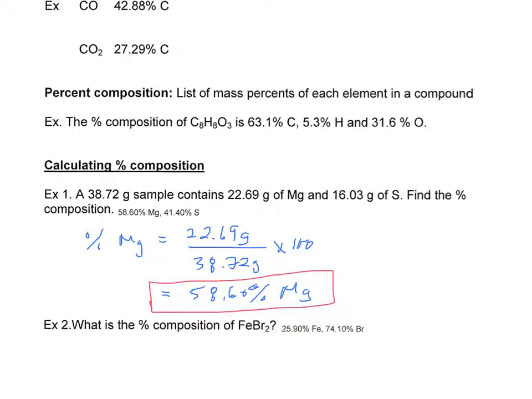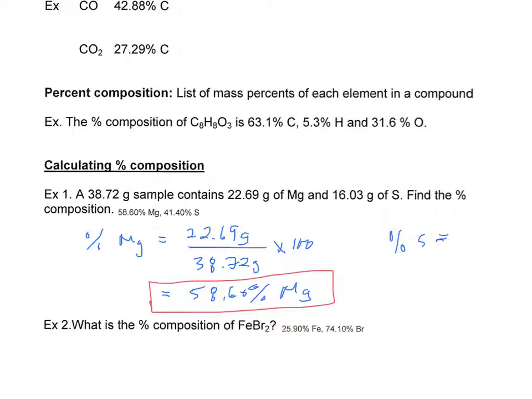Now to find the percent of sulfur, I could do the exact same thing, although sulfur is the only other element in the compound and will make up whatever's left over in terms of the percentage.